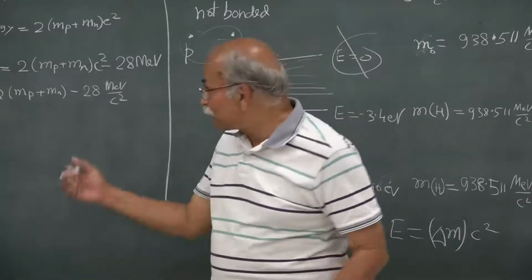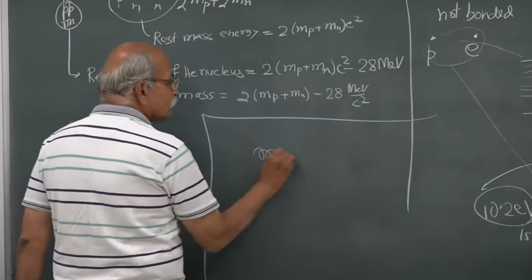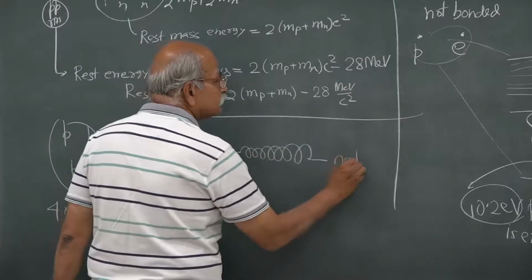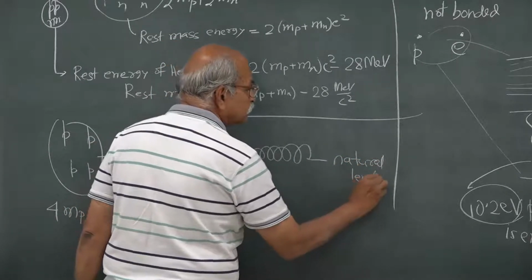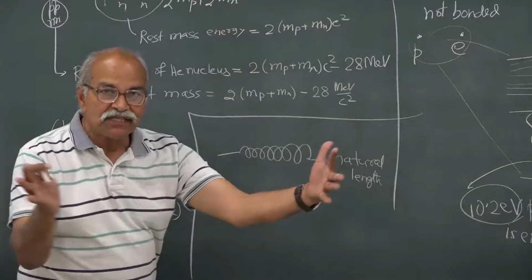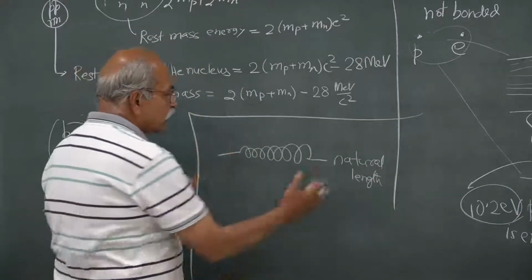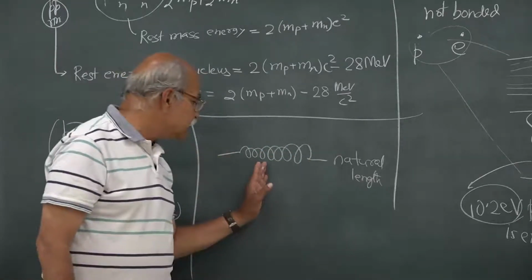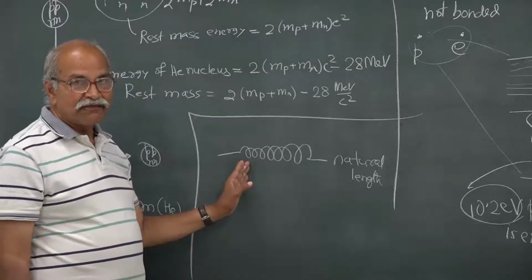So, suppose you have a spring in its natural length, and then you compress the spring from the 2 sides. You apply a force from this side, you apply a force from this side. This end moves in this direction, so you have a positive work done by the applied force.